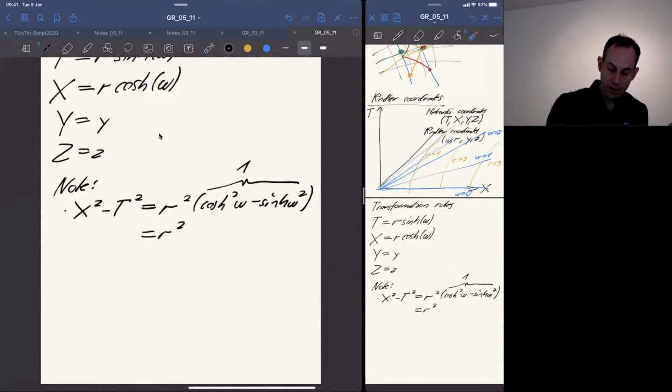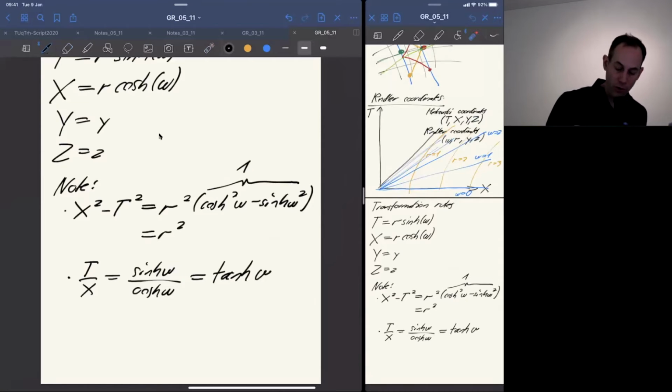Maybe just for completeness, let me also write down this ratio between t and x that I mentioned before. The ratio between t and x is, as I said before, sinh omega divided by cosh omega. And that's, by the way, by definition, tanh of omega.